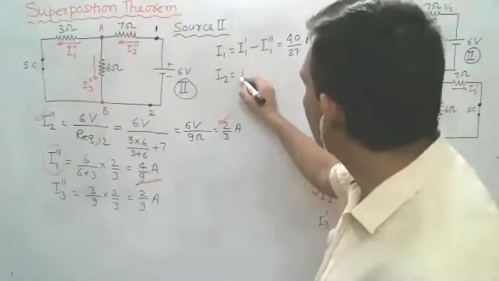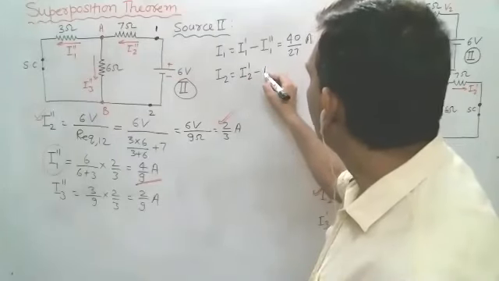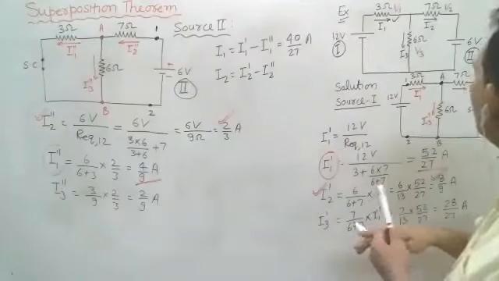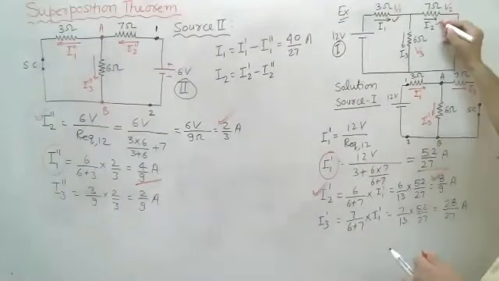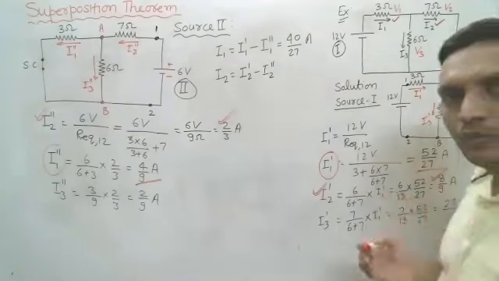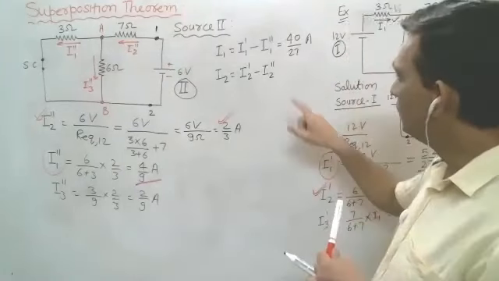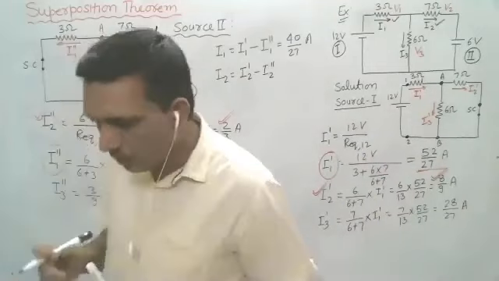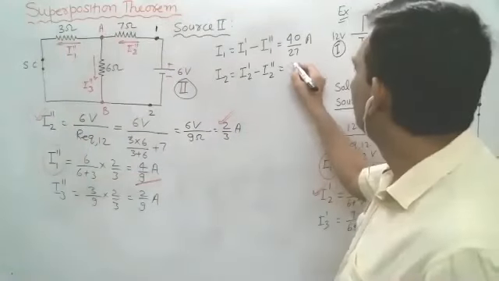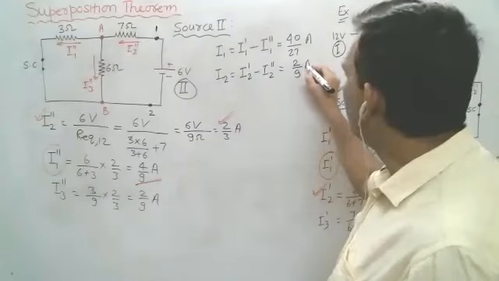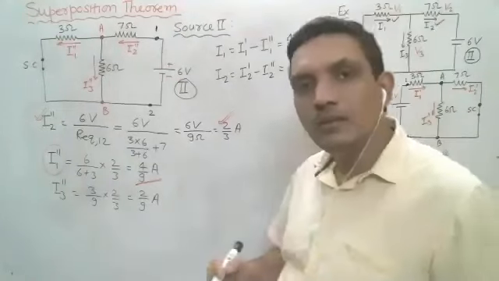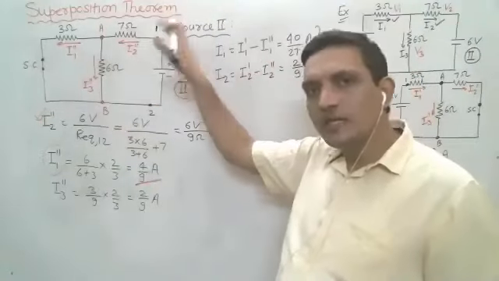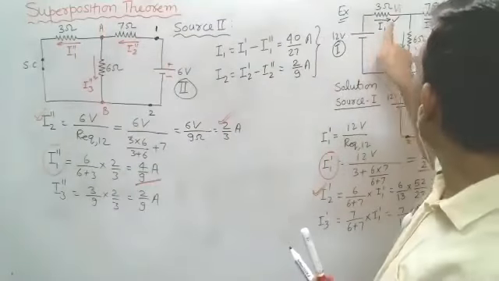So again in this case, I2 dash minus I2 double dash, and the actual direction of current is in the direction of I2 dash. Now calculate this value. 2 by 9 ampere. I think we calculated the same value using KVL also. I have taken the same example, so you can check it. So that is I1, I2.